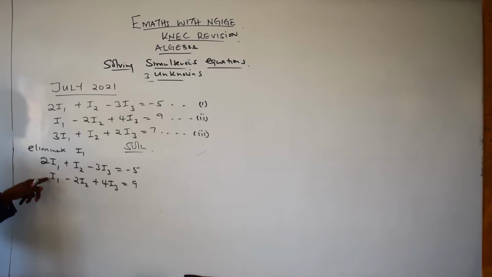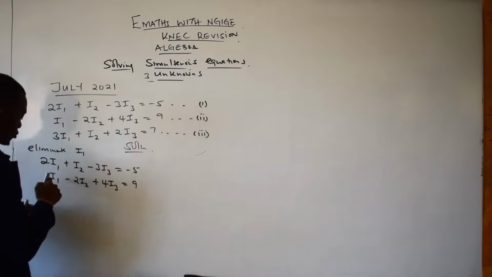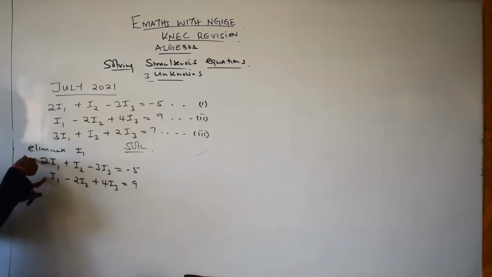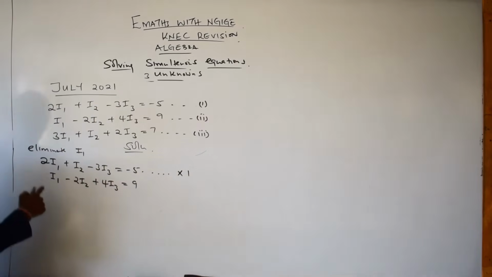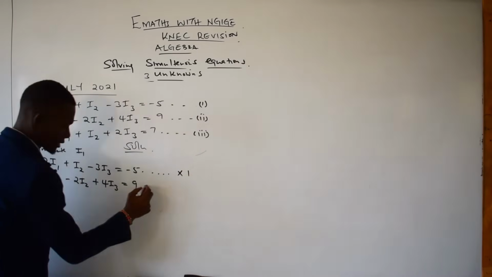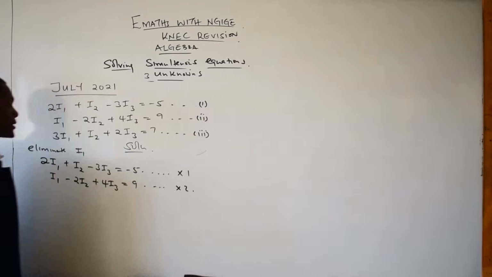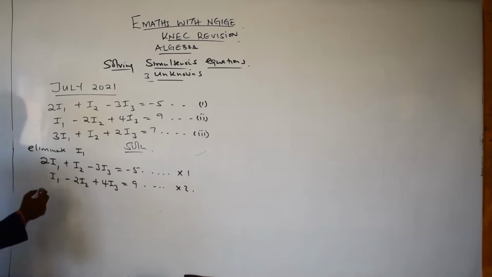This term and this term here are not the same. And what do we know? If we want to make them the same, multiply whatever variable is here with the first equation and whatever variable is here in the second equation. So we shall multiply this one by 1, then the second one we multiply by 2.